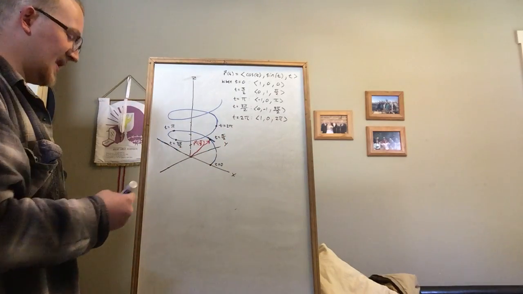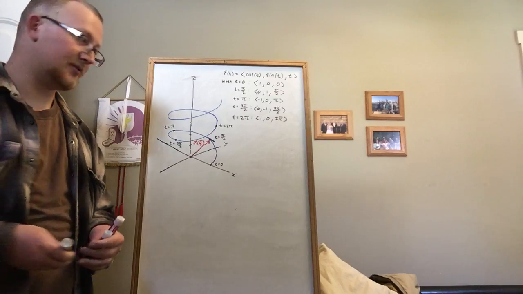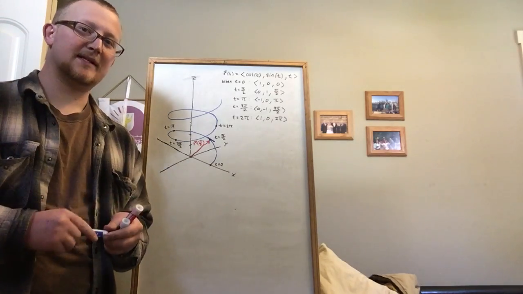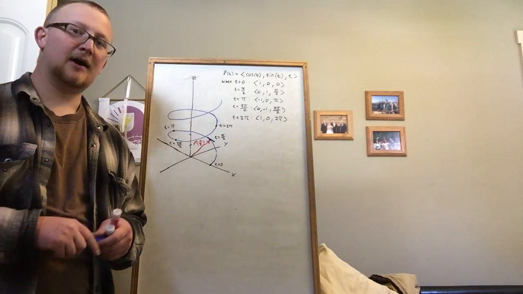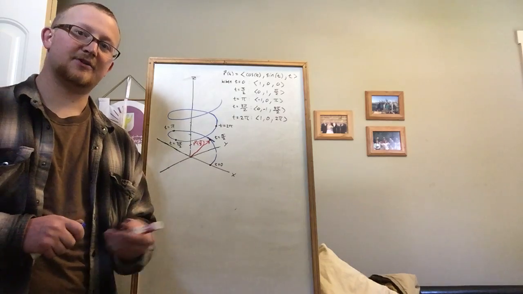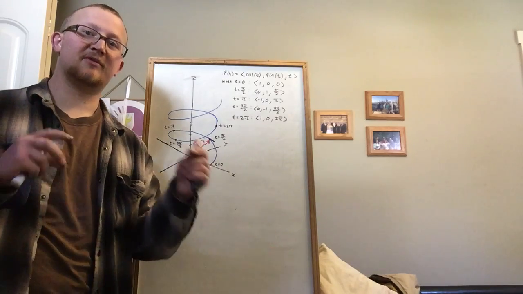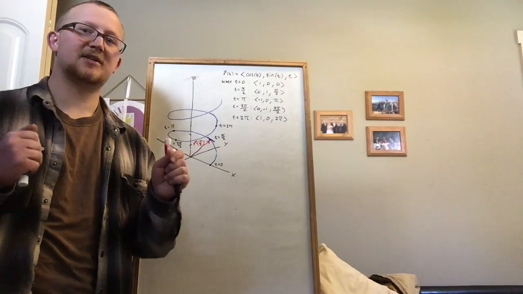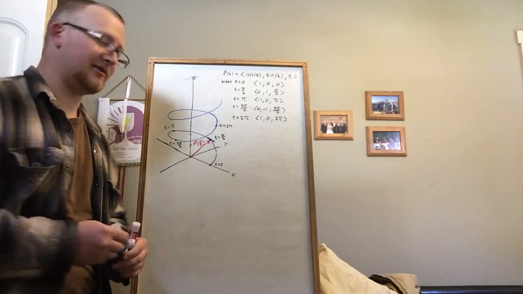And the answer is velocity. So velocity always points in the direction of motion. Not always true with, say, acceleration, but for velocity, velocity is always tangential. That's part of the definition.